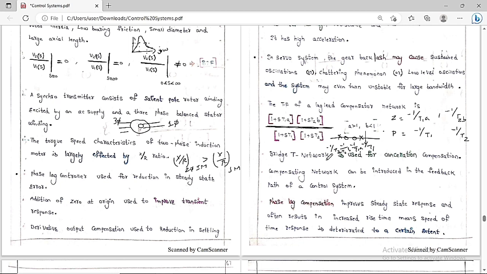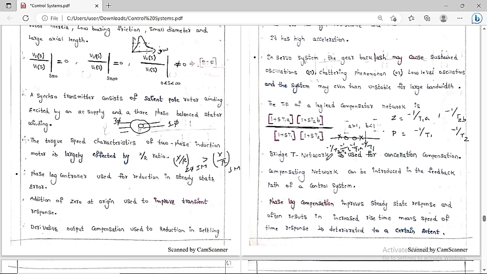So this point you always have to keep in your mind, which is that the compensating network can be introduced in the feedback path of a control system. Means in the case of the feedback path also we can use the compensating network.